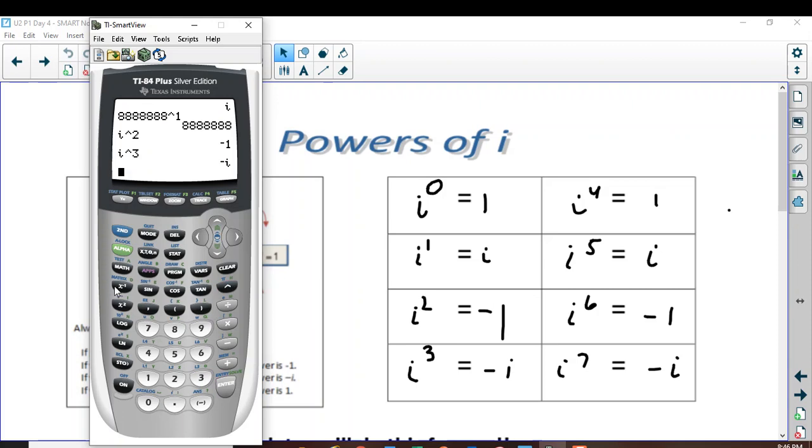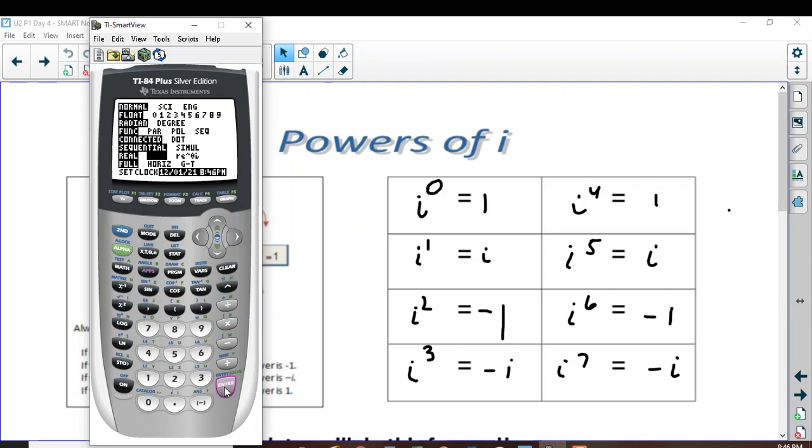Now, if you're getting weird stuff, remember you can't be in real mode. If you're in real, it won't do it. It'll tell you that that's not okay. So what you do is hit mode and then arrow down to make sure you are in this a plus bi, that's the complex number form.